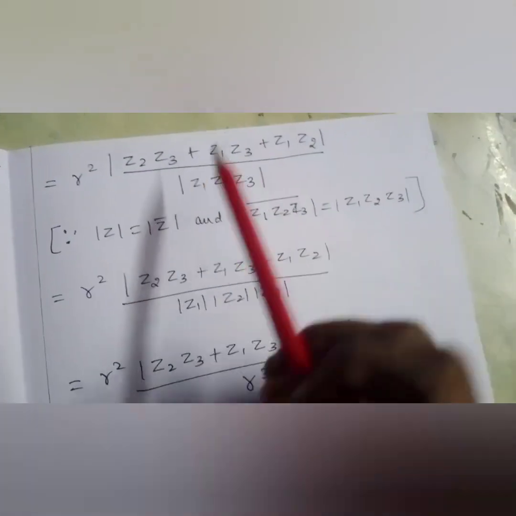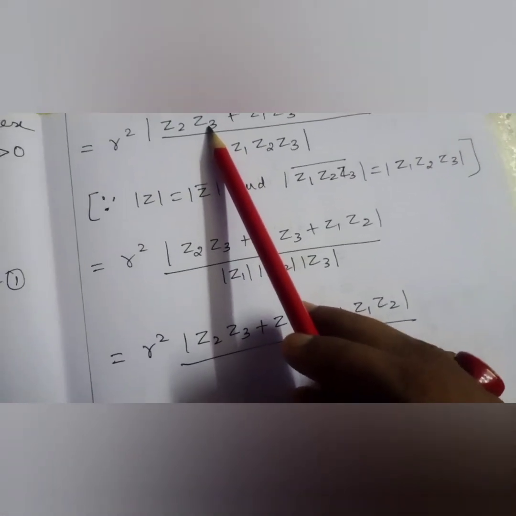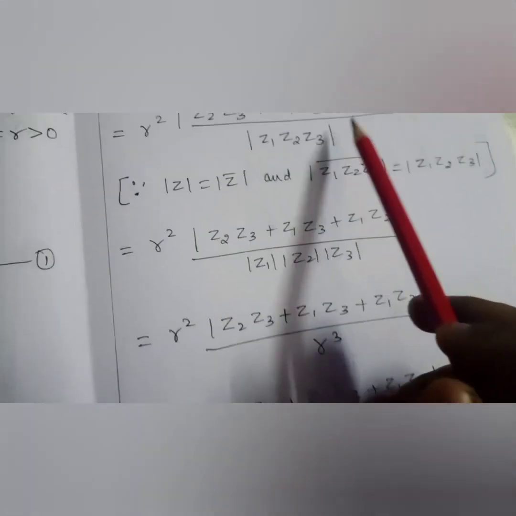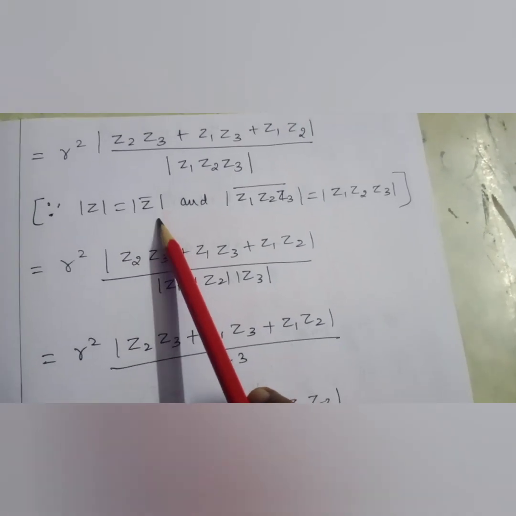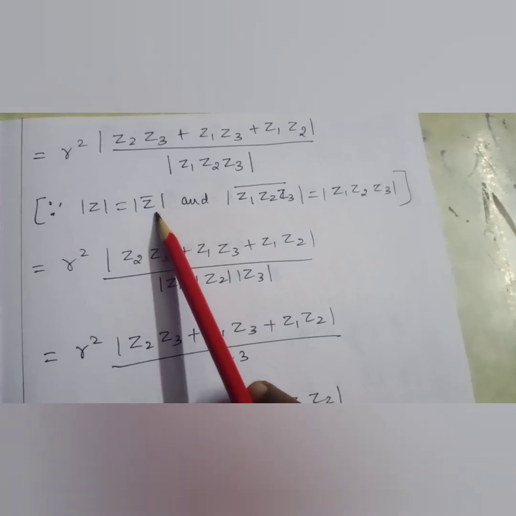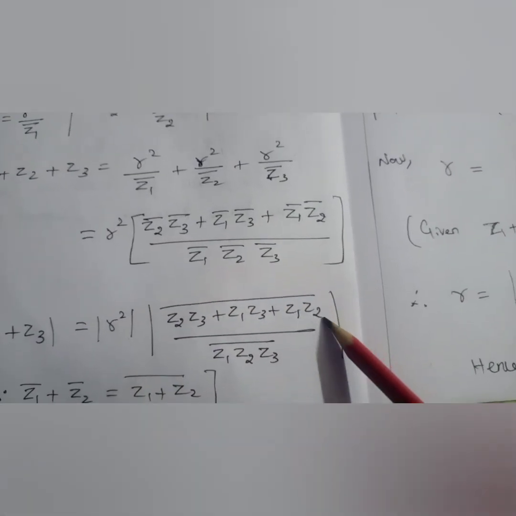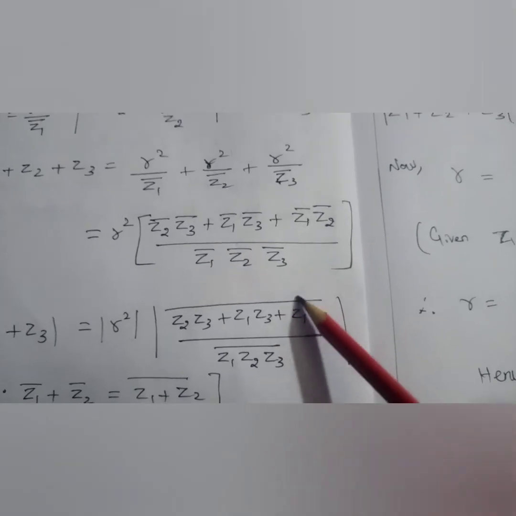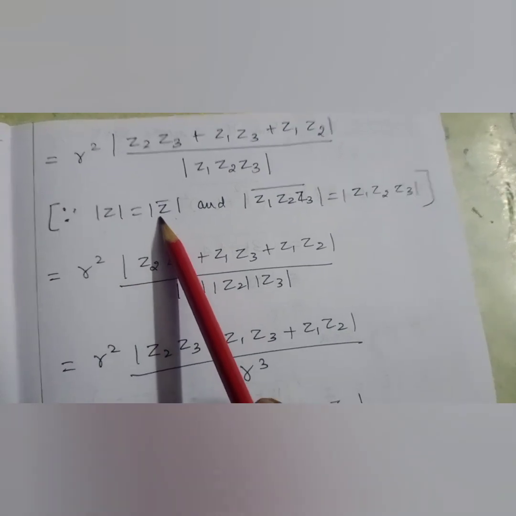Now after that, r square is equal to z1 z2 plus z2 z3 plus z1 z3 divided by z1 z2 z3. How I wrote that is because of this property, because I can write modulus of z bar as mod z. So this modulus of z2 z3 plus z1 z3 plus z1 z2, the bar can be removed using this property, because mod z is equal to mod z bar.